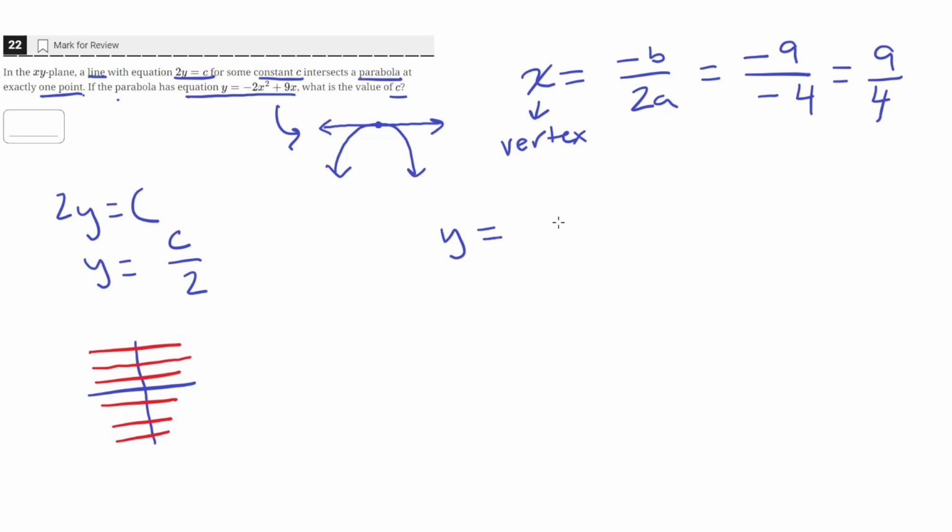And we can find the y value at the point that they intersect by just plugging this into this equation. So the y value when x equals 9 over 4, we can find using the equation of the parabola.